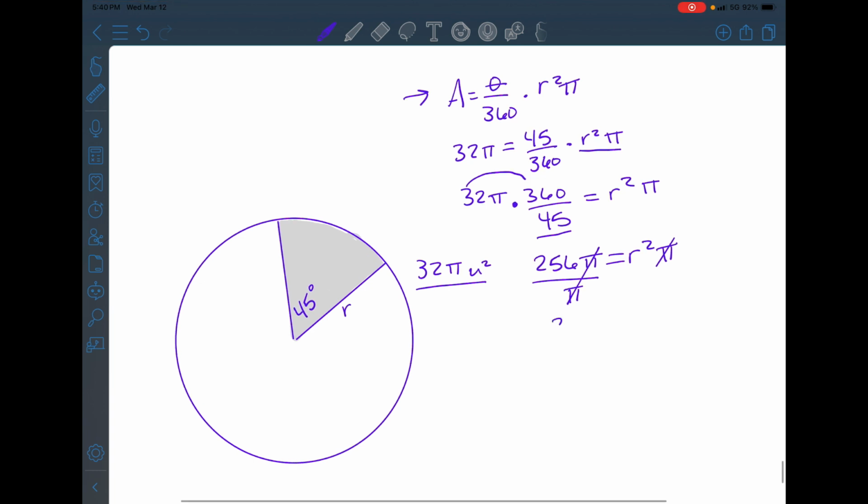So now I have 256 times r squared. And I just want r. So I'm going to undo the square, which means I'm going to square root it. The square root of 256 is 16. So my radius is 16.